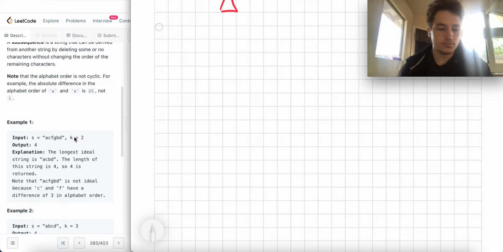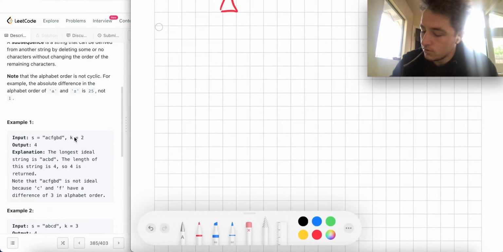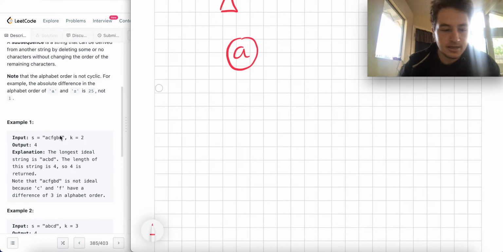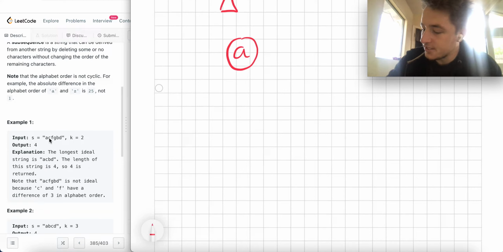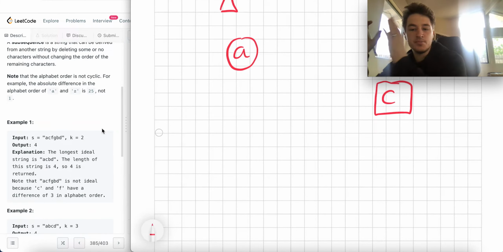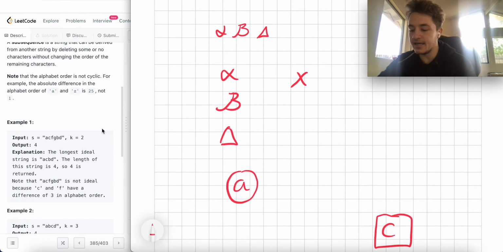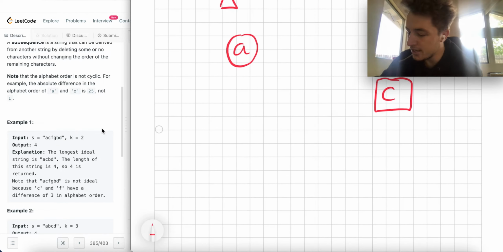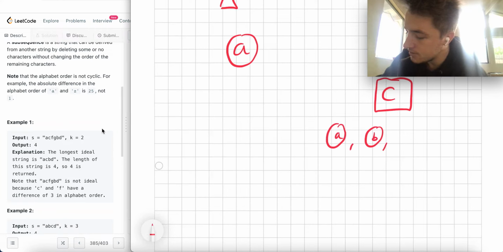Let's look at C. Before you look at anything else, you know that because K equals 2, the only subsequence it can be appended to is one that ends in A, B, C, D, or E.